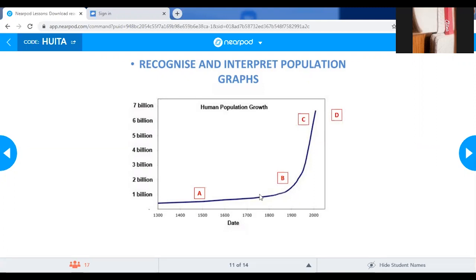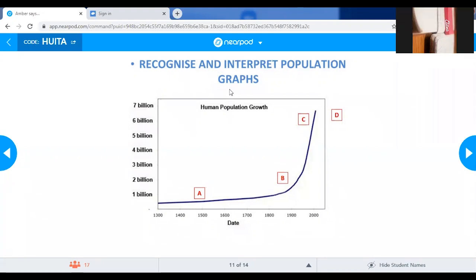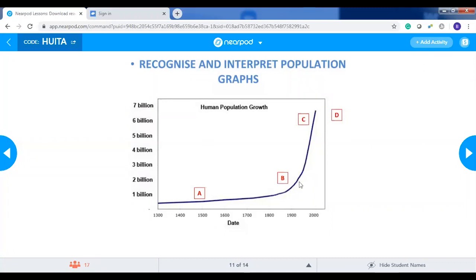Now, can you give any idea why this change happens over this time? Can you relate it with the history? Yes, after the wars finished, the population came to growth, after the Second World War. Yes, very good. And we know that in the 19th century, the industrial revolution happened.